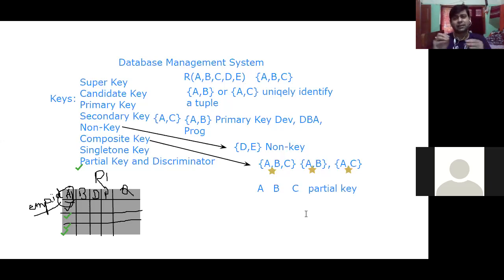This is a little doubtful concept, but you have to cope with it for this discussion. Later, if I give some more examples, you can understand this clearly. For the time being, just understand that all discriminators are partial keys, but all partial keys are not discriminators.